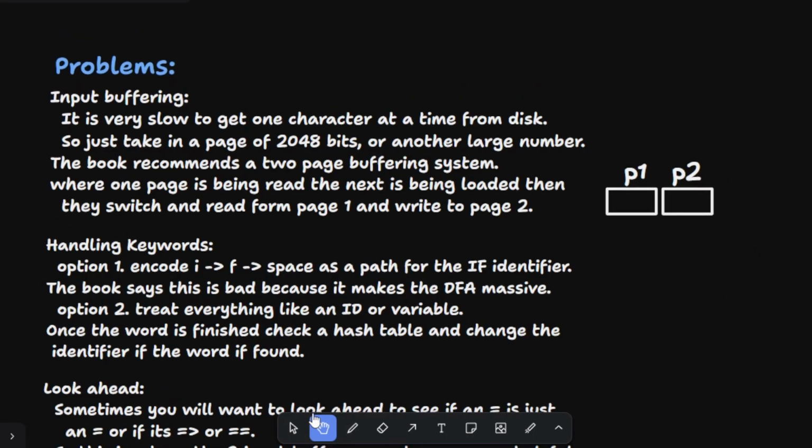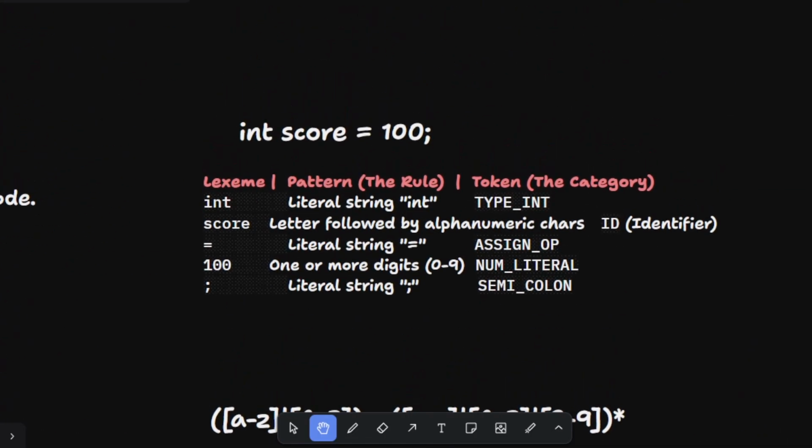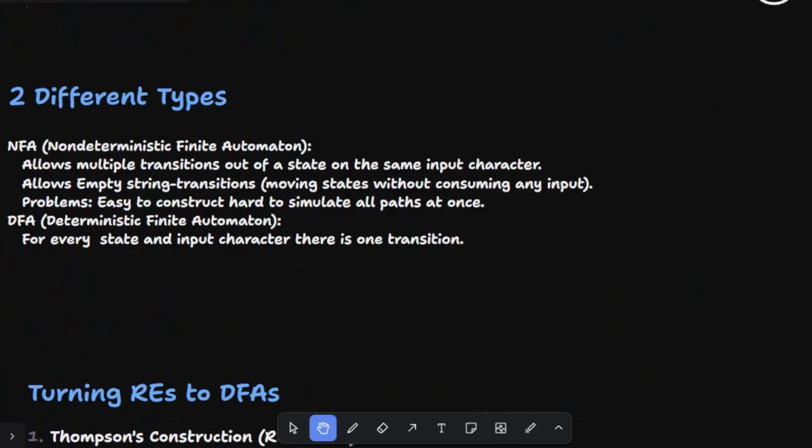So if we go to the very top, we have the token. This is the identifier. So we have the pattern, which finds the word int, but then you also have to call it of type int. You send both of them to the next step of the front end.